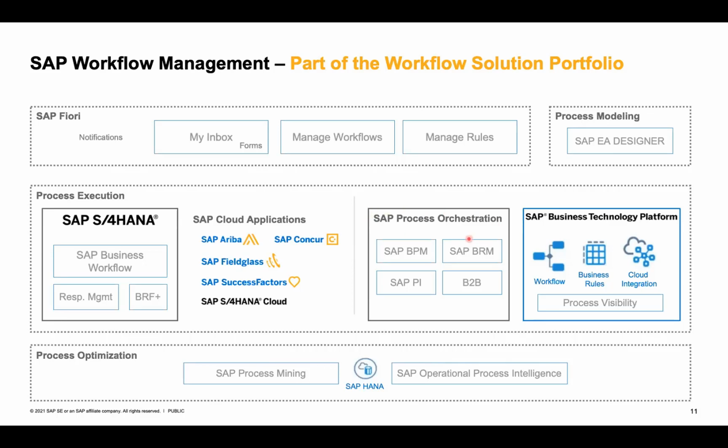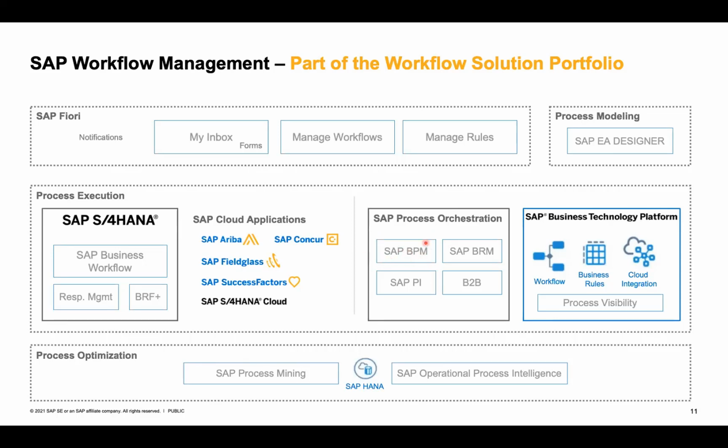So there were, and there still are, the SAP process orchestration functionalities like SAP Business Process Management. So you could somehow say it's a predecessor of SAP Workflow Management, because also there you have this capability to connect systems.